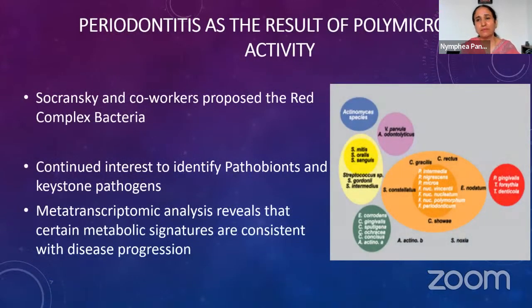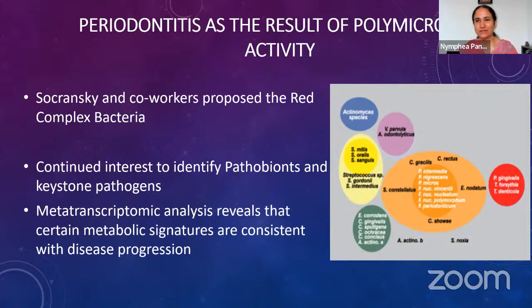Now, at the same time, there were concepts. In the first 2-3 slides, I gave you the concept that we wanted to have one etiological factor, and we wanted a vaccine or antibiotic against that one causative organism. Researchers were always trying to look for that one magic etiological factor and one magic bullet to control it.